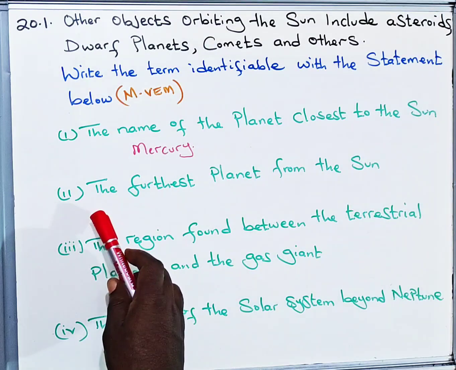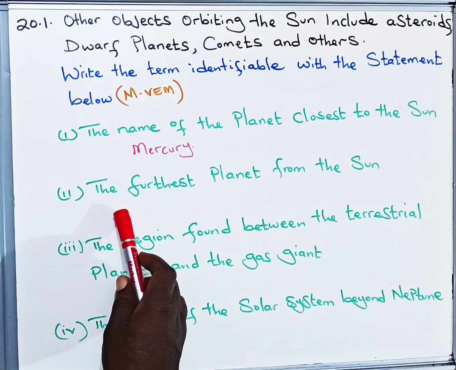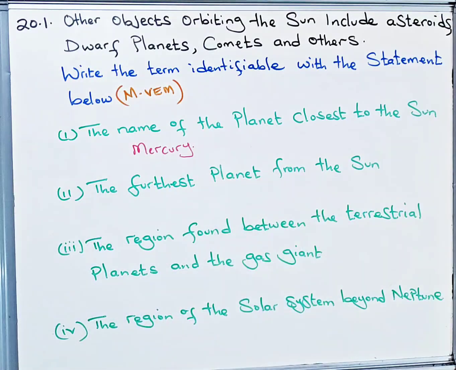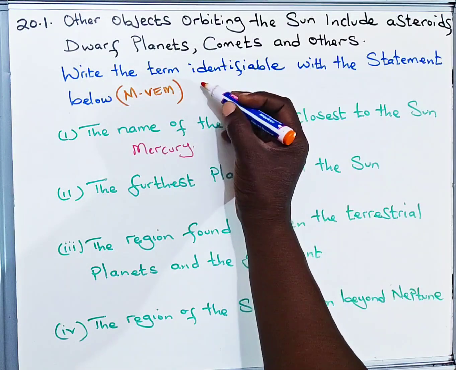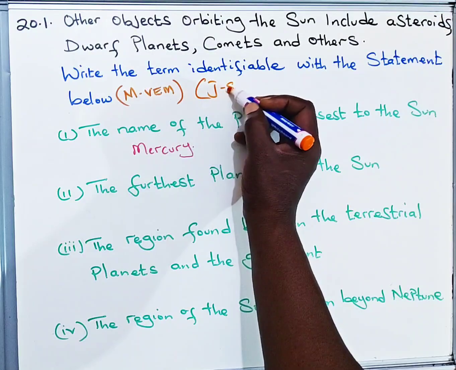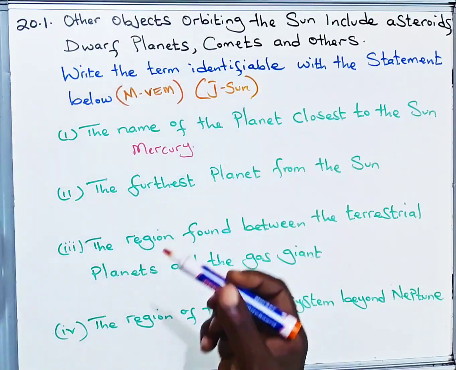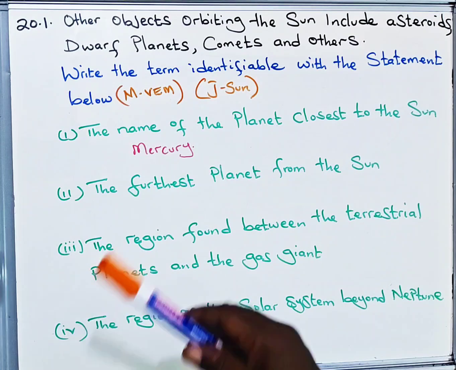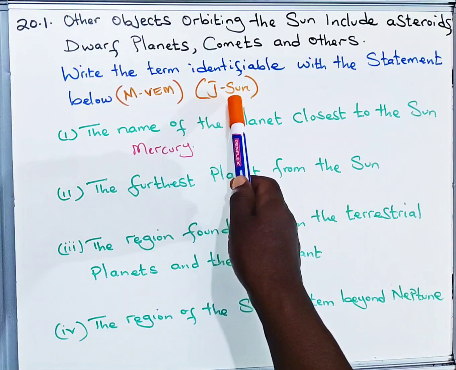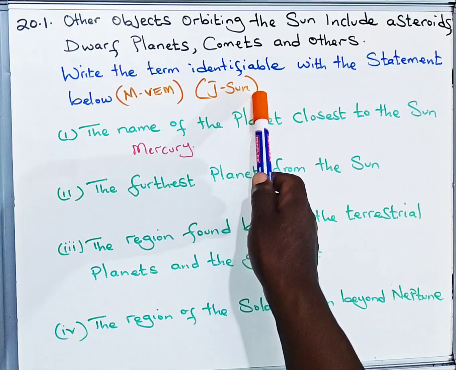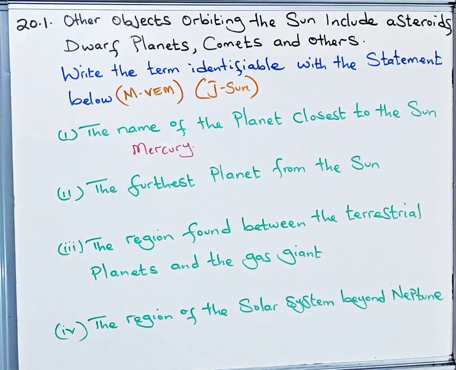Then comes this question. It says, the farthest planet from the sun. We need to remember here that for the other category of the planets, we gave them these mnemonics for easy remembering, where J is Jupiter, S is Saturn, U is Uranus, and N is Neptune.